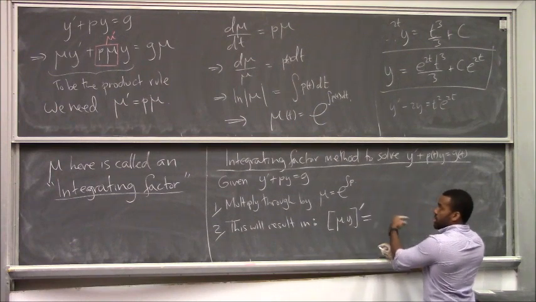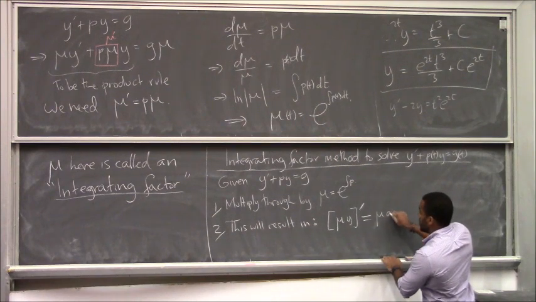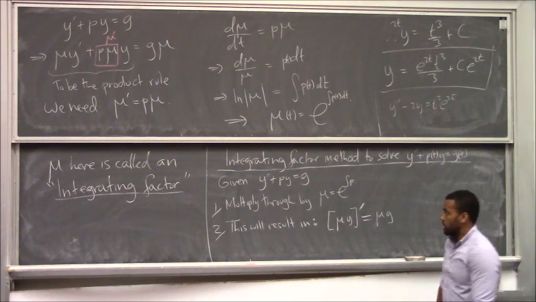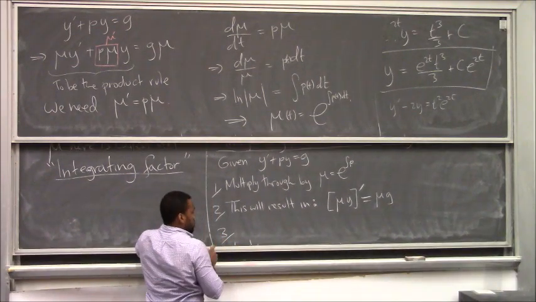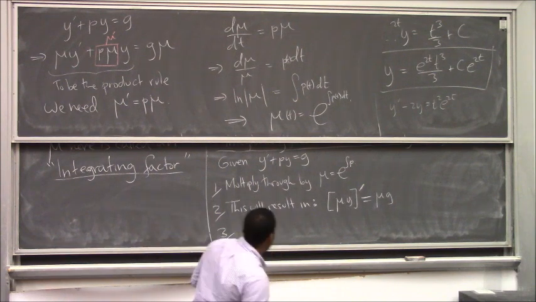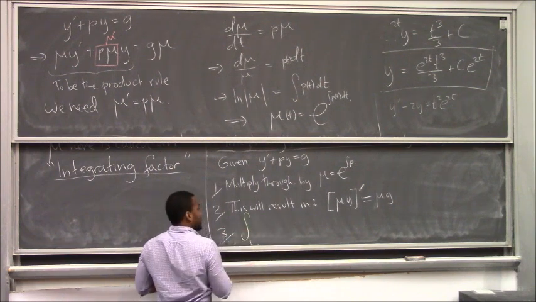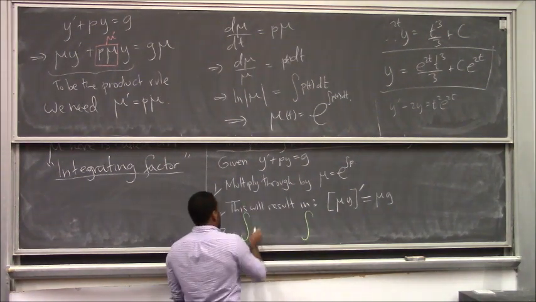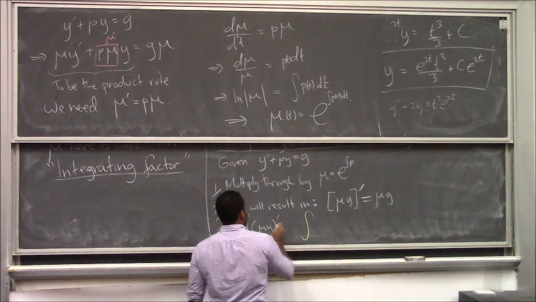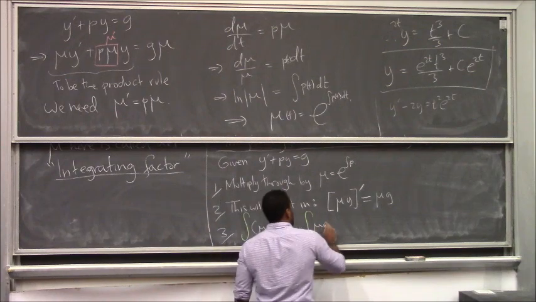Equals, of course, on the other side, you're going to have the mu times the g. The third thing you're going to do is, of course, now you're going to integrate both sides of this guy. So you're going to have the integral of mu y prime equals integral of mu g.